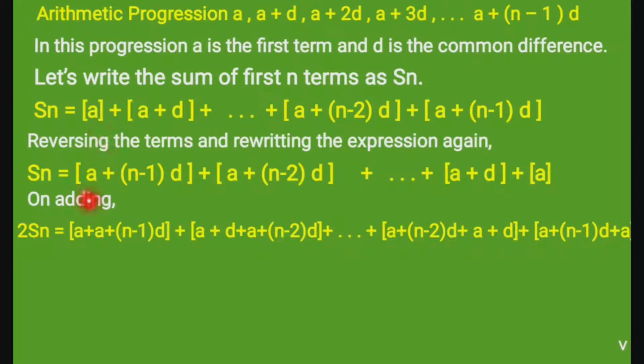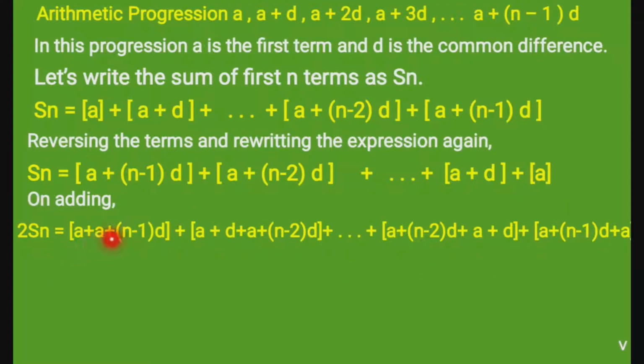This a we add with a plus (n minus 1) into d, so we write here a plus a plus (n minus 1) into d in the first bracket. Then we add a plus d with a plus (n minus 2) into d and so on. We add the last term a plus (n minus 1) into d with a.